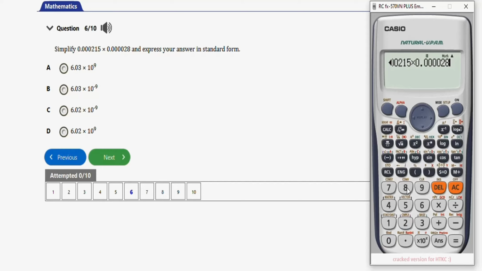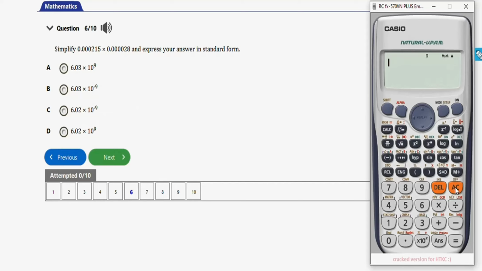So that's what we have here. Let's press equal to. This is the value, and we have to leave it in standard form. So the calculator gave us the answer in standard form. The right option here is Option C, what we have here, 6.02 times 10 to the power negative 9. Alright, so it's as simple as this.